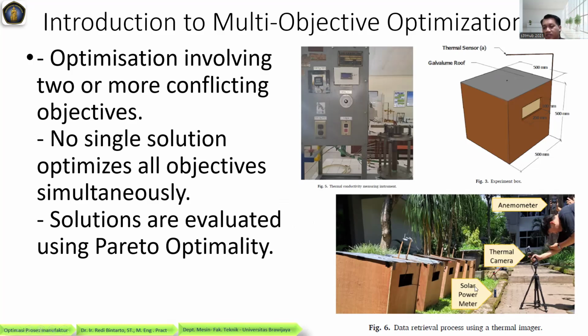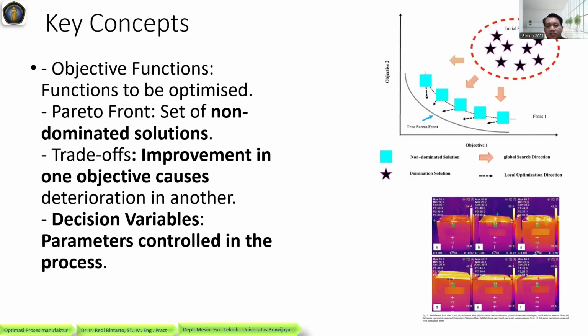Because of that, we need the solar power meter and anemometer, and we have to use a thermal camera to calibrate between the thermocouple and the thermal camera, just to gain an average temperature here. So there are many kinds of concepts that we can use here.